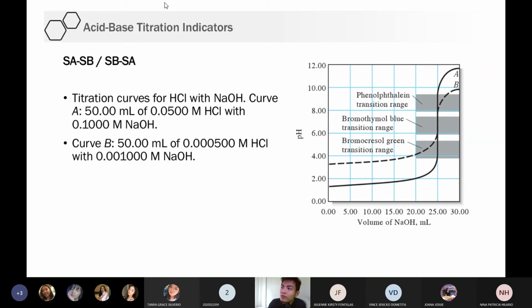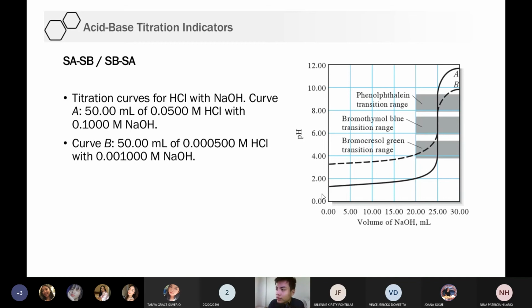Okay. So, ito. For strong acid, strong base, this is the titration curve. So, depending on the concentration of your acids and bases, now you may use either of these three indicators. Okay, bakit yung phenolphthalein acceptable? Kasi look at the inflection curve. Masyadong mahaba.